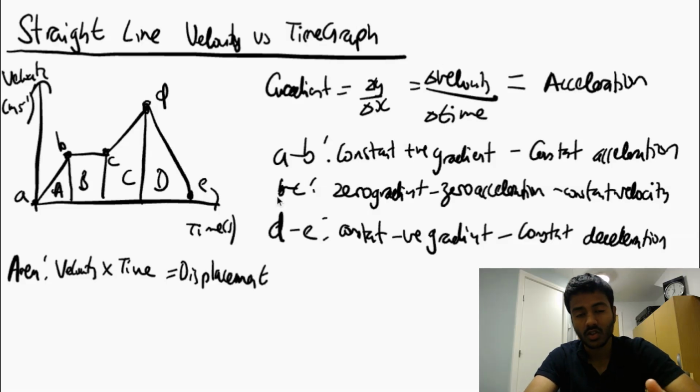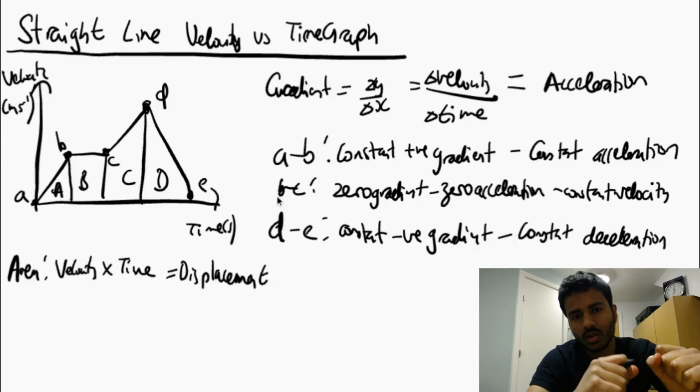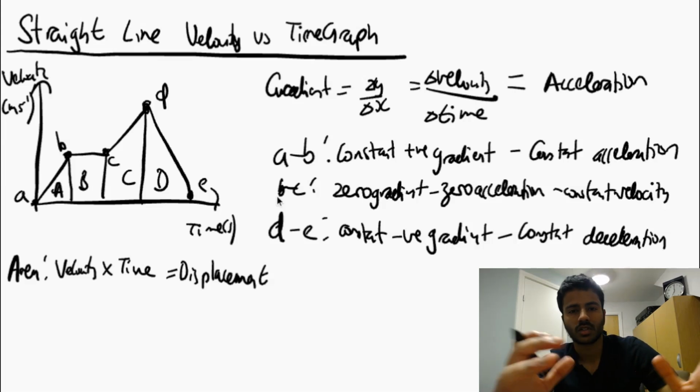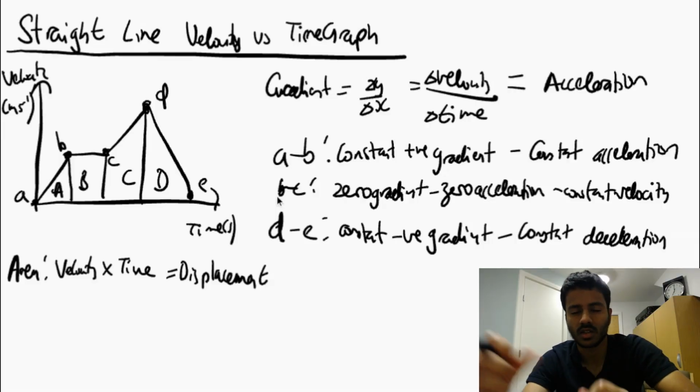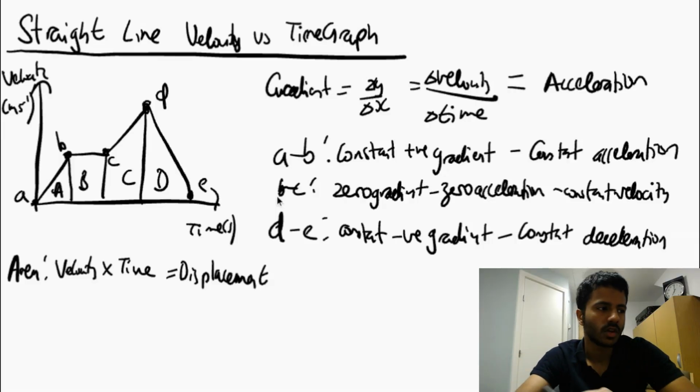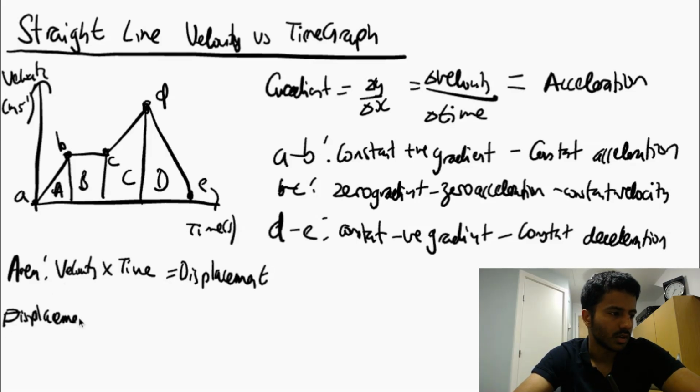If you wanted to find out the total displacement from the starting point to the end point of its journey, whether a car or cycle, you'd find the total area. So the overall displacement is equal to total area, and that would be equal to A plus B plus C plus D.